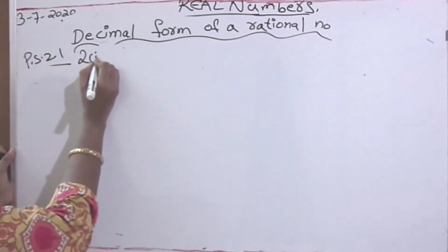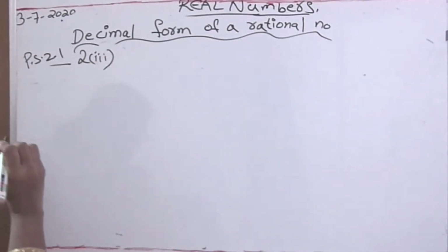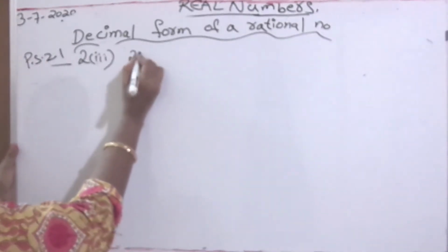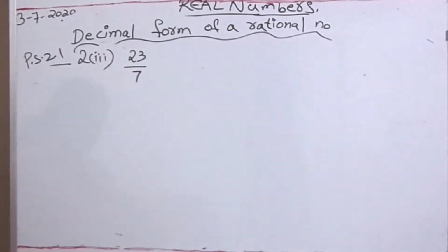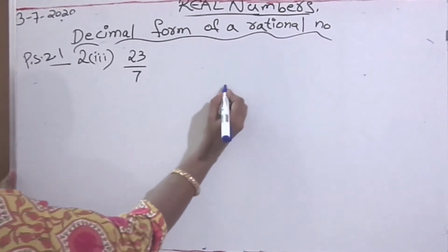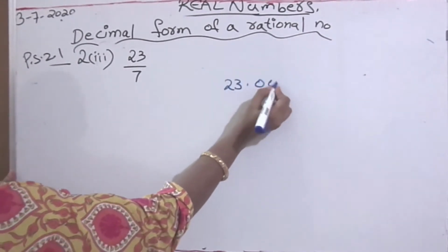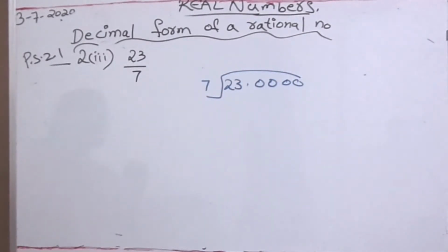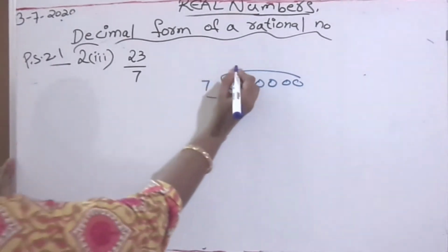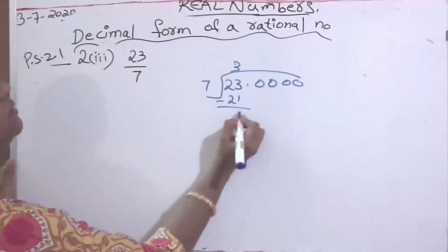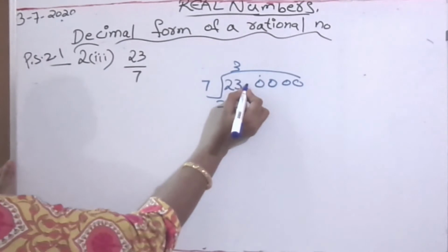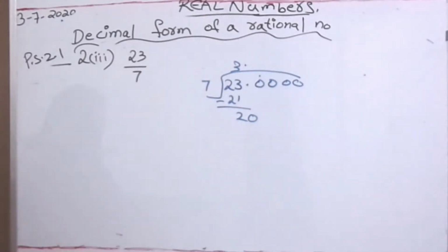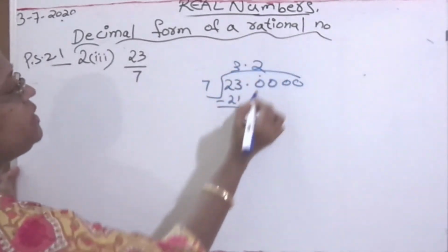Third one, 23 upon 7. Let us do this. 23.0000 divided by 7. 7 goes in 23. Yes, 7 3s are 21. Put down 0, but there's a decimal point here, carry it up. 7 goes in 20, how many times? 7 2s are 14.